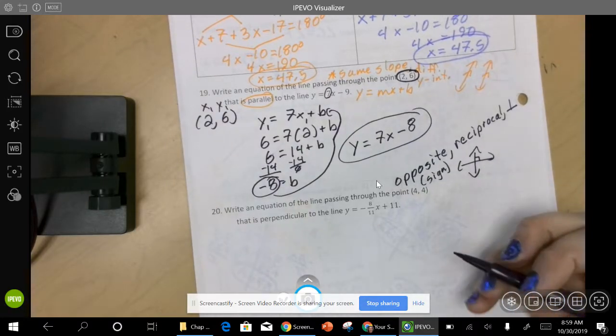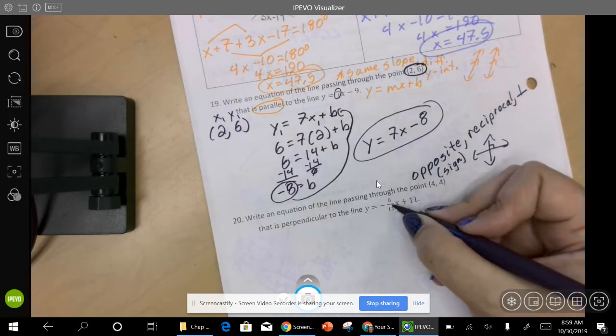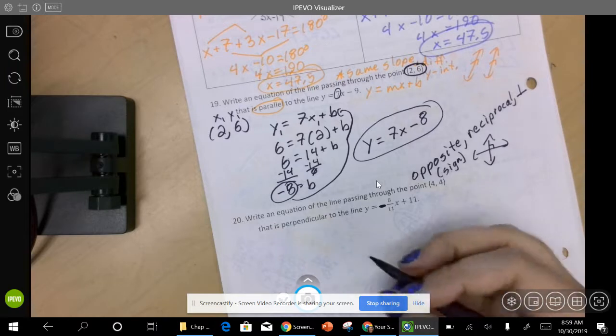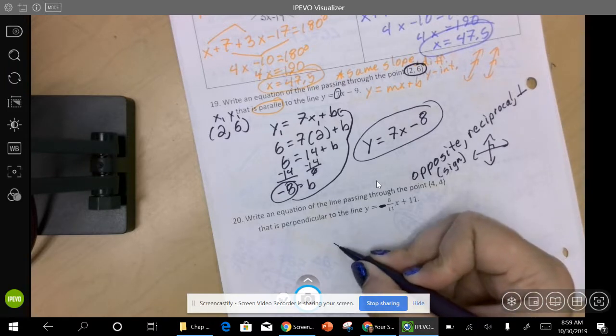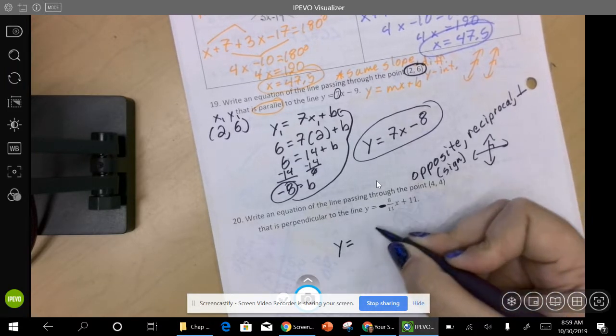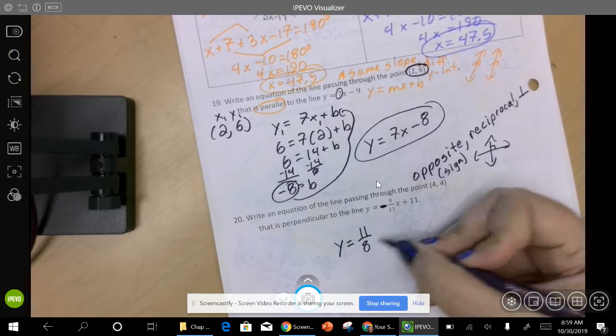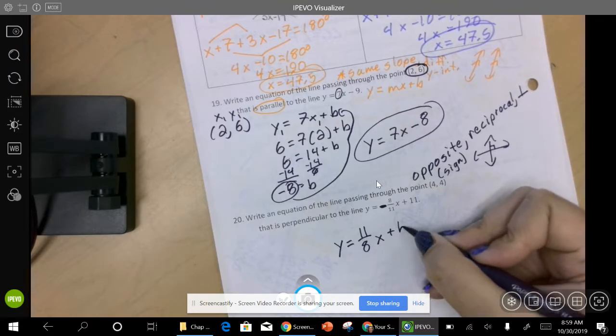Okay, so we're going to go ahead and do this. So everybody notice how this is negative. So it's going to be the opposite sign, so it's going to be positive. And we're going to flip the fraction, so it's going to become 11 over 8x plus b.